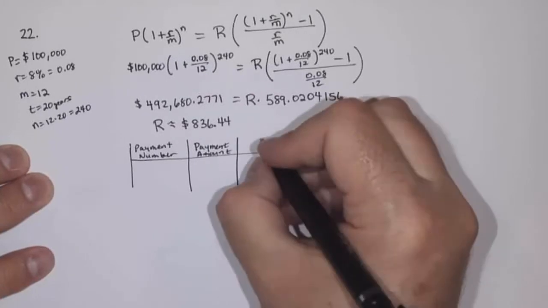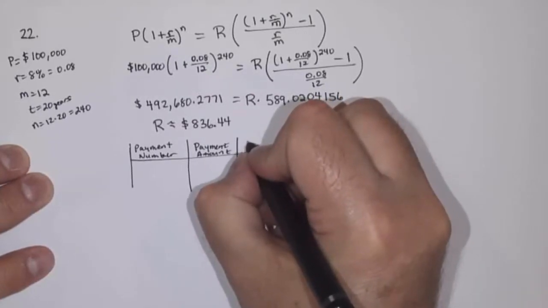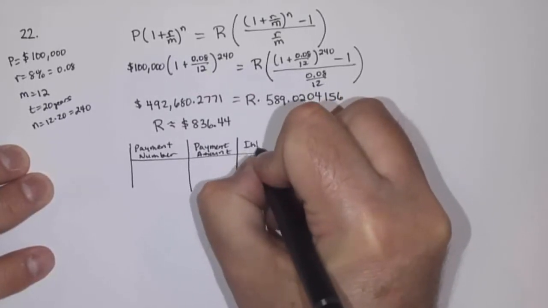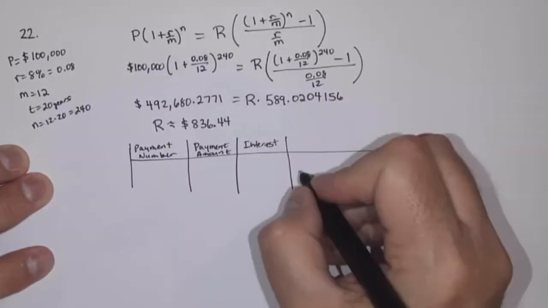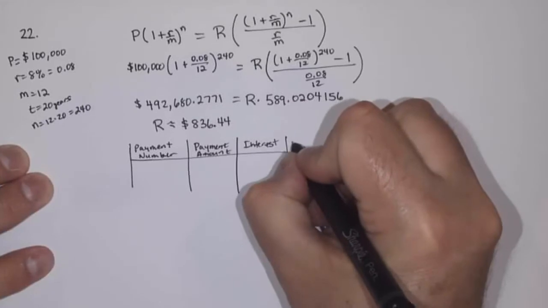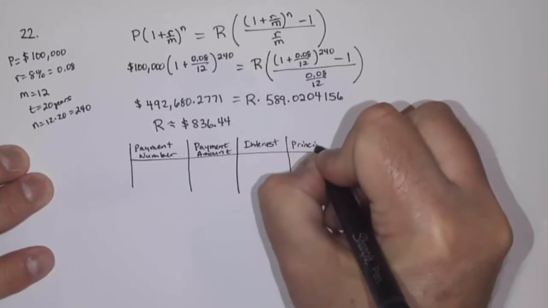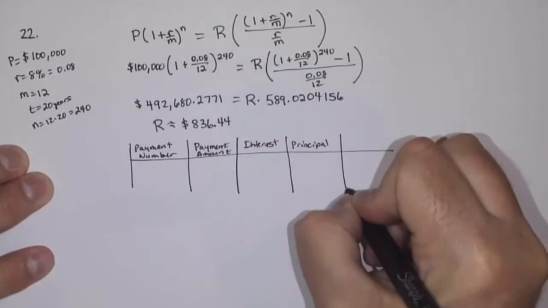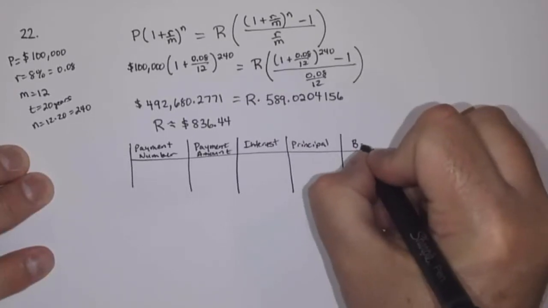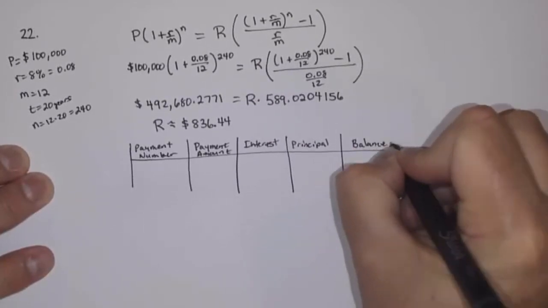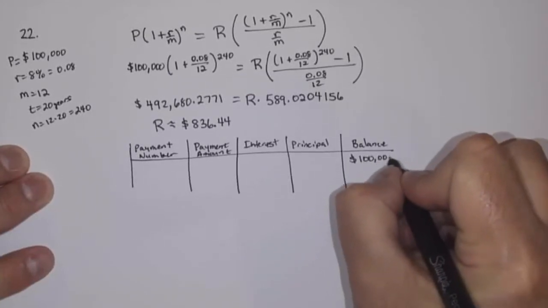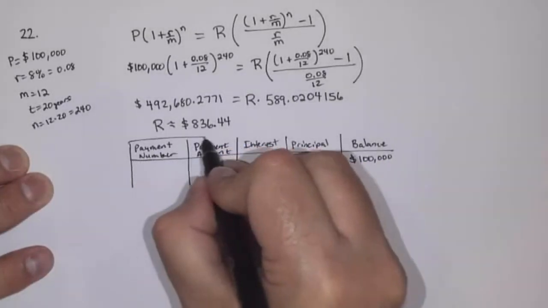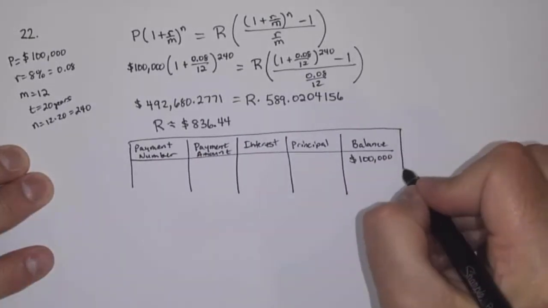And then of that payment amount, how much goes towards interest? So interest from this payment. And then we're going to figure out how much goes towards the principal. And then we're going to find the balance. So we're going to start off with a $100,000 balance because that's how much we owed from the beginning.